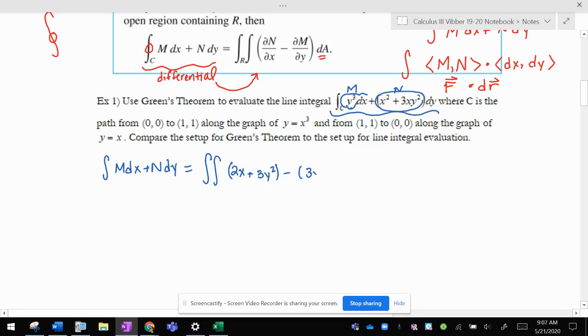And the derivative of that with respect to y is 3y squared. Awesome. And then this dA means I can do dy dx or dx dy, whatever I want.